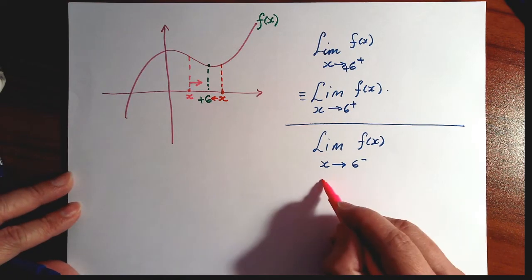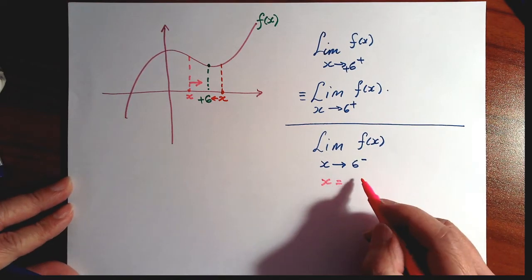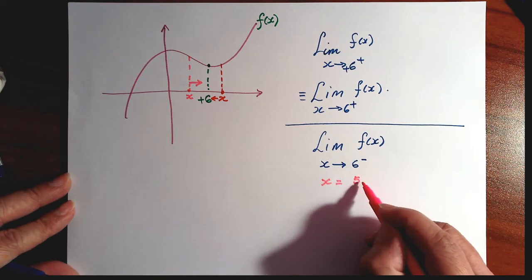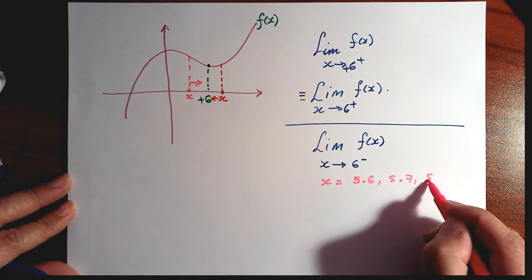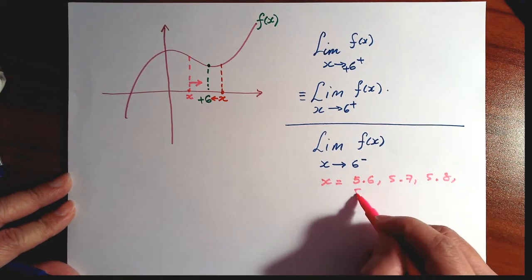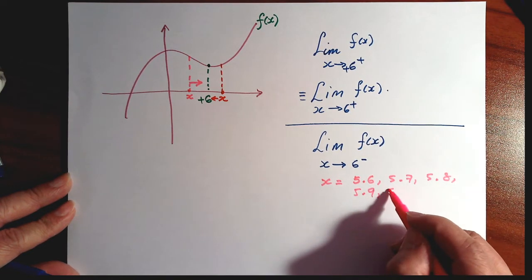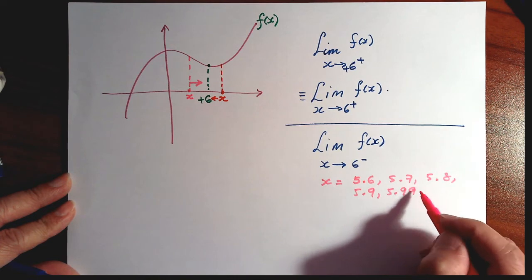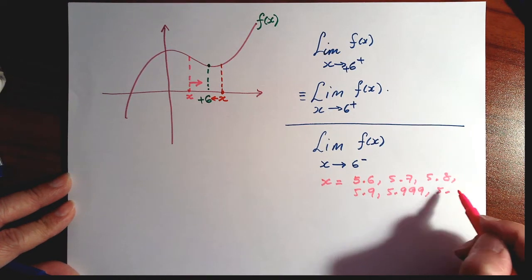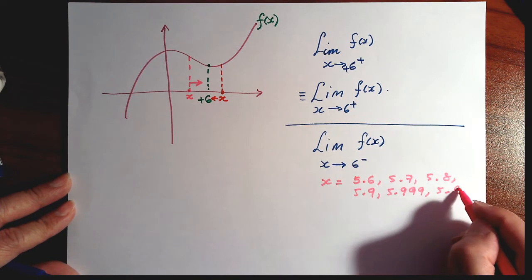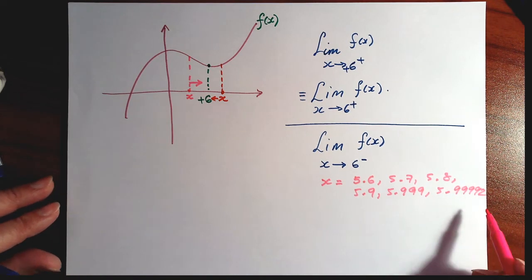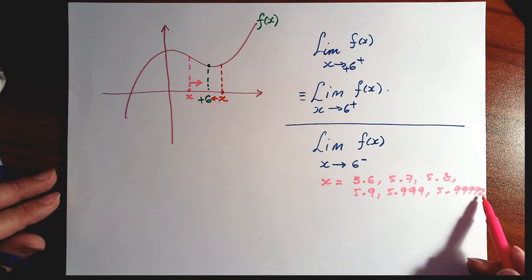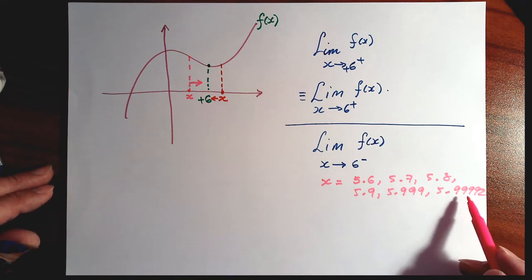So x would be 5.6, 5.7, 5.8, 5.9, 5.999, 5.99912, etc. It can get closer and closer, but never touches 6.